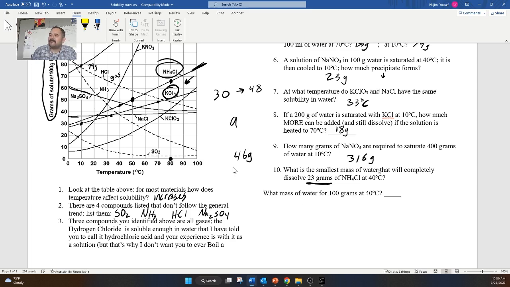So we can dissolve 46 grams in 100 grams of water. How much water do we need to dissolve 23 grams? It's going to be 50 grams of water. Last one, what is the mass of water for 100 grams at 40 degrees C? That one's just going to be the 46.